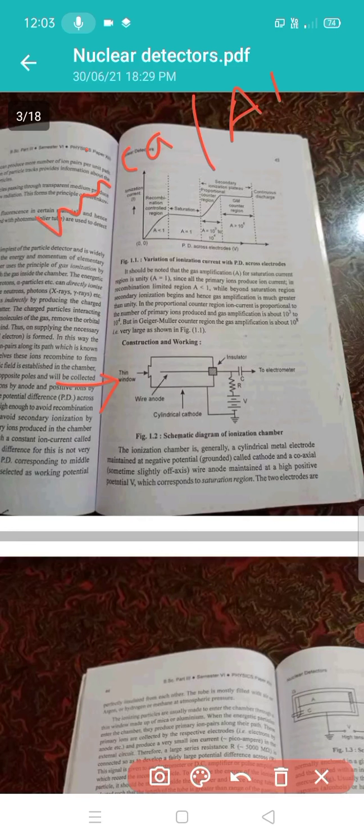When the energetic particles enter the chamber, they produce primary ion pairs along their path. When the radiations enter the cylindrical tube through the thin window, ionization takes place, forming ion pairs, positive and negative.